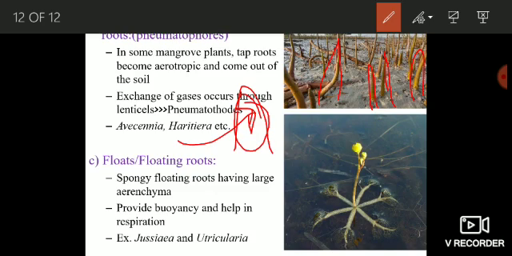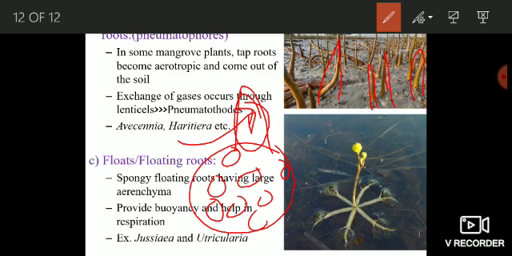And the third type in this category is floats or floating roots. Floats or floating roots are present in aquatic plants, and these roots have a large parenchyma. Parenchyma here means the type of parenchyma in which the cells have wide spaces between them, and these spaces are filled by gases, oxygen.